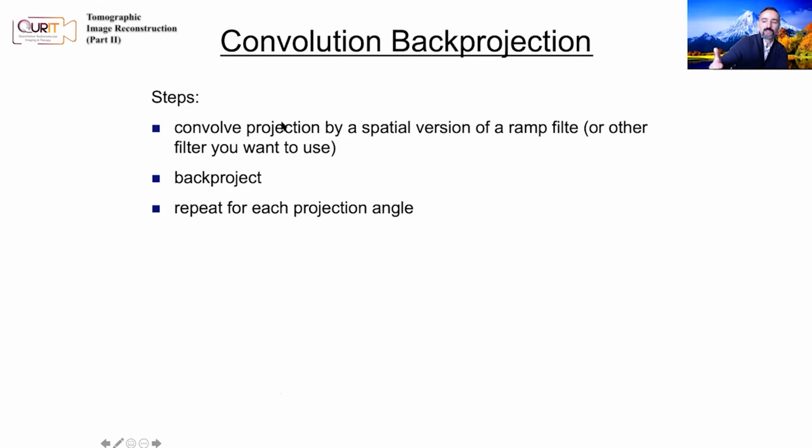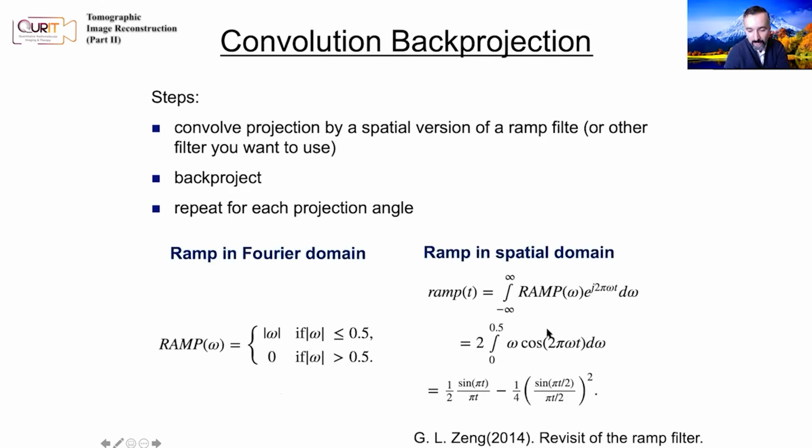So instead of doing the 1D Fourier transform, multiplying by the ramp, and then the inverse 1D Fourier transform, we could just take the 1D projection and convolve it with the spatial version of a ramp filter, or another filter you may want to use, and then you do back projection.